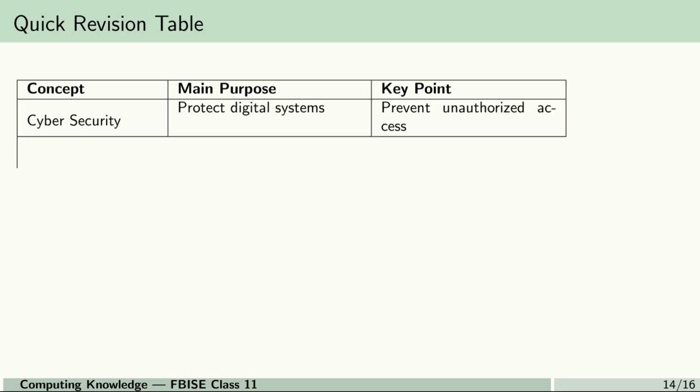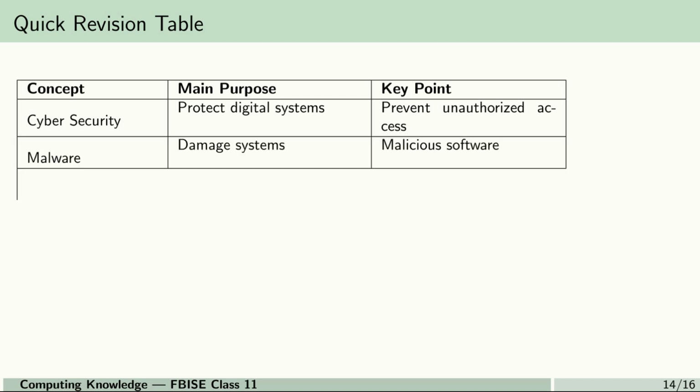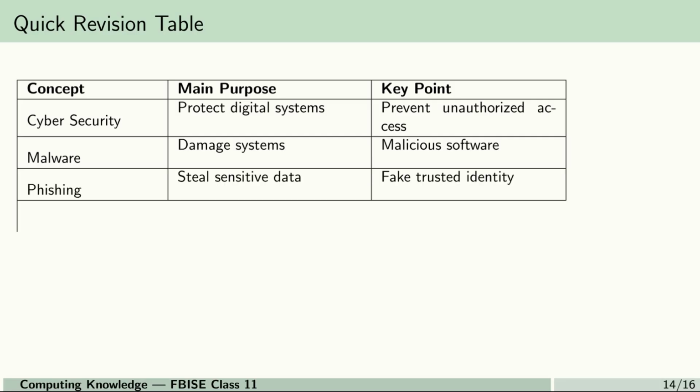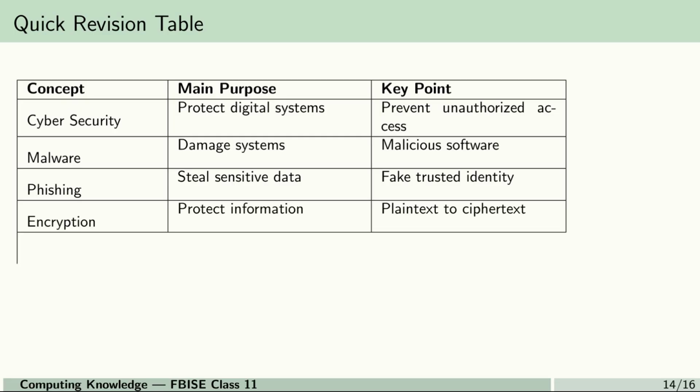Concept: cybersecurity, main purpose is to protect digital systems, key point is prevents unauthorized access. Malware, main purpose is to damage systems, key point is malicious software. Main purpose of phishing is to steal sensitive information, key point is fake trusted identities.